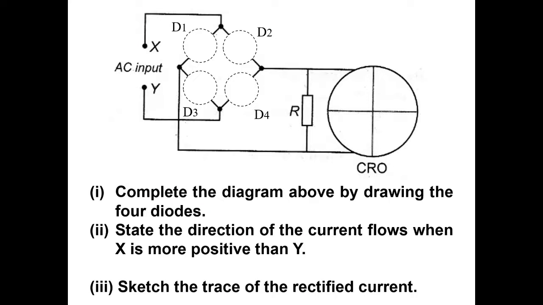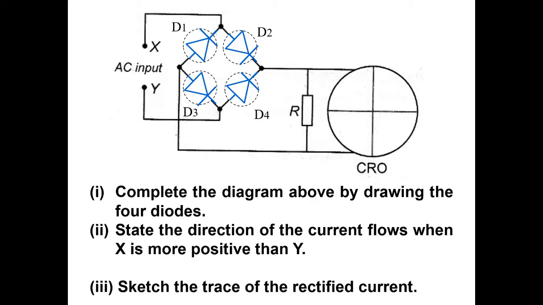Complete the diagram by drawing the 4 diodes in the bridge rectifier. Normally the question will ask you to draw the 4 diodes, so the direction is important and must be correct. This is how you draw the diodes D1, D2, D3, D4.